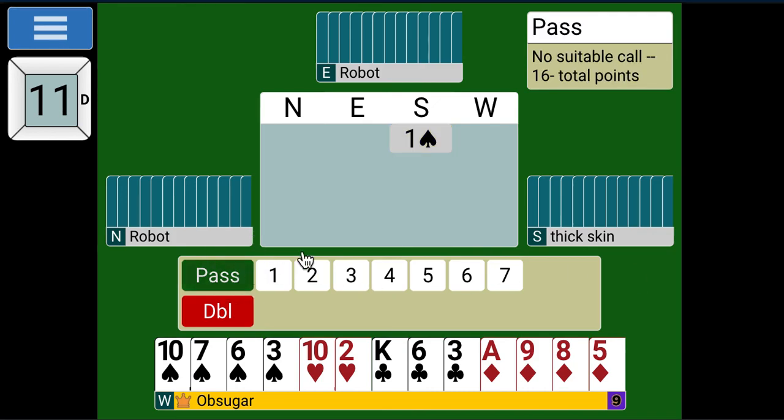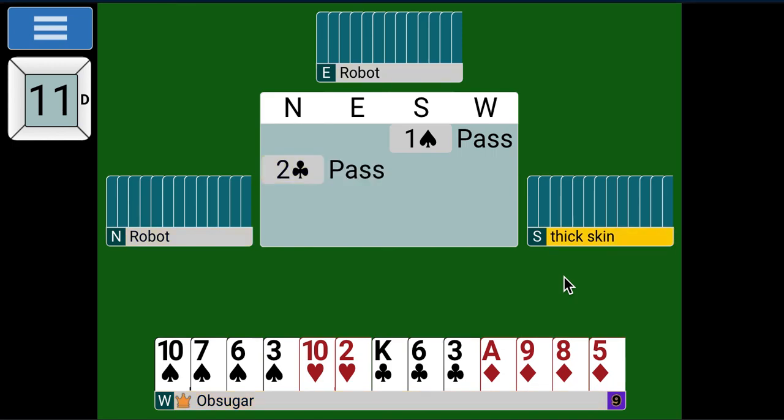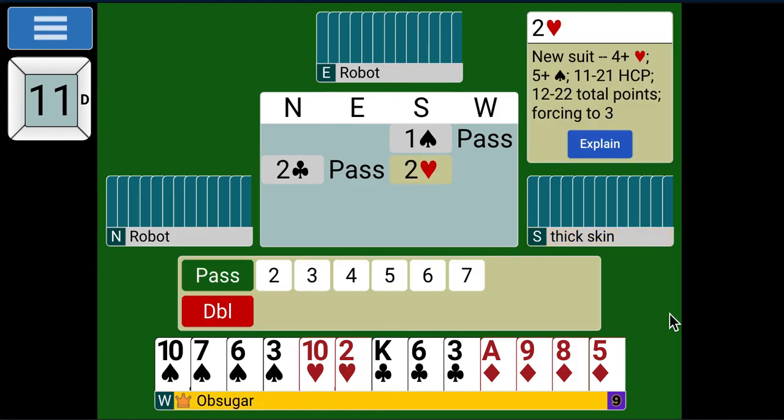So I'll pass a spade. We get 2 clubs, 2 hearts, and North bids. You want to bid North?